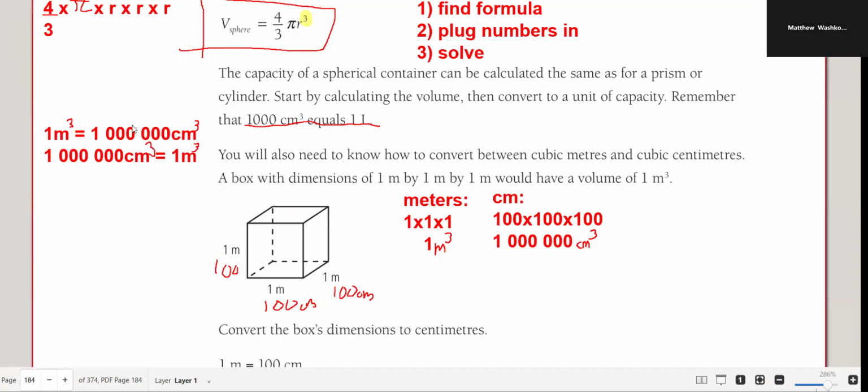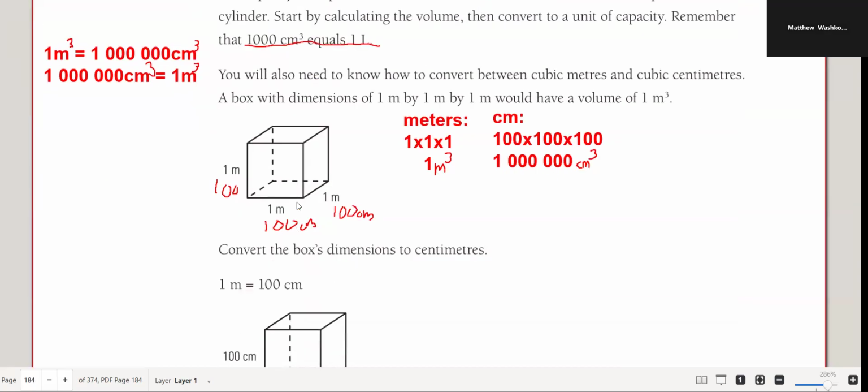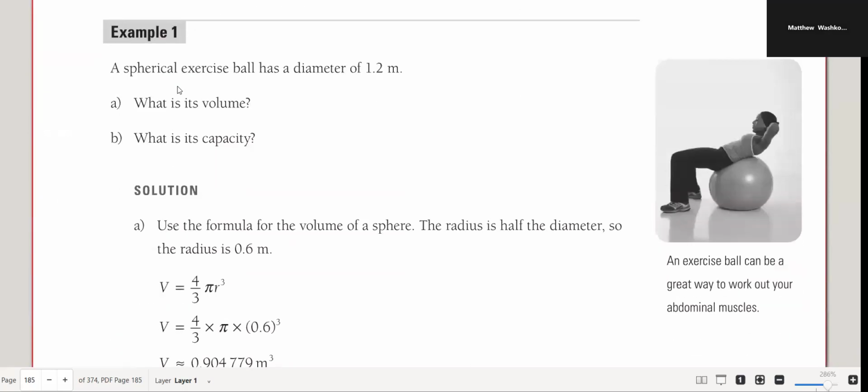If I give you a giant cube that is 1 cubic meter, it's the exact same volume and capacity as a cube that is a million cubic centimeters. Even though the number is much bigger, it's because we're multiplying these numbers together that it adds up that way.